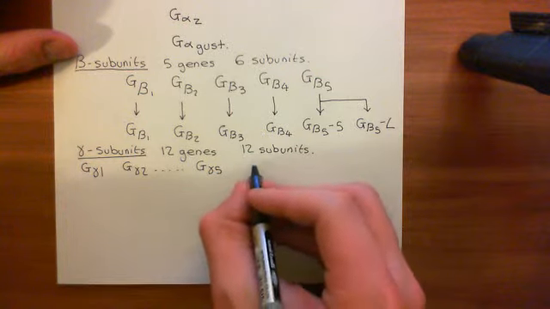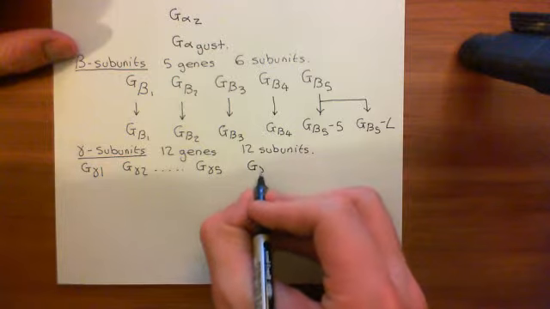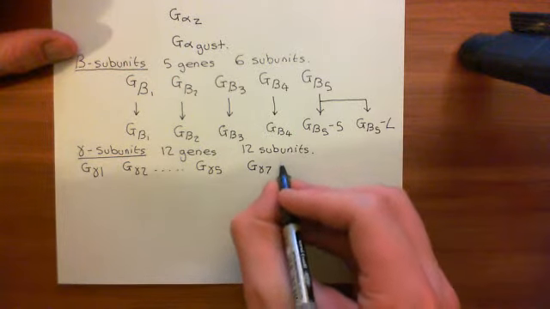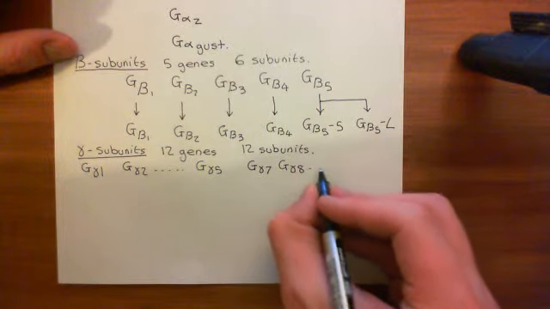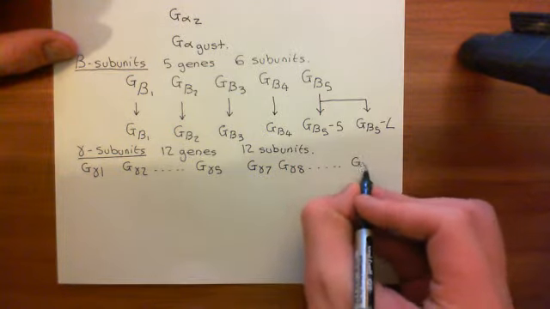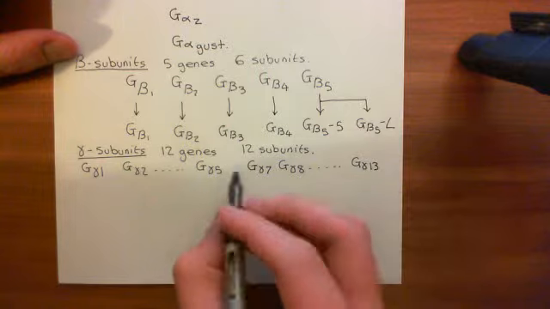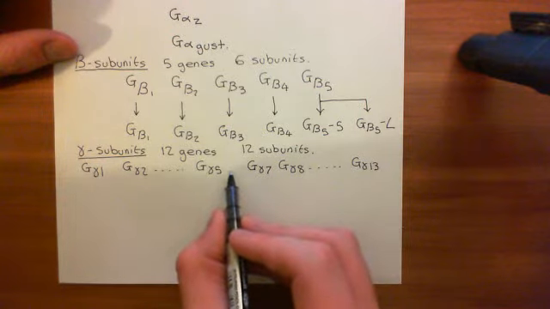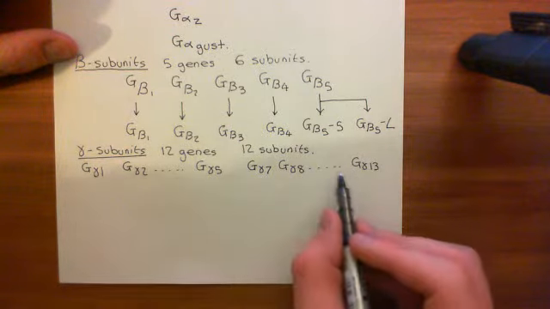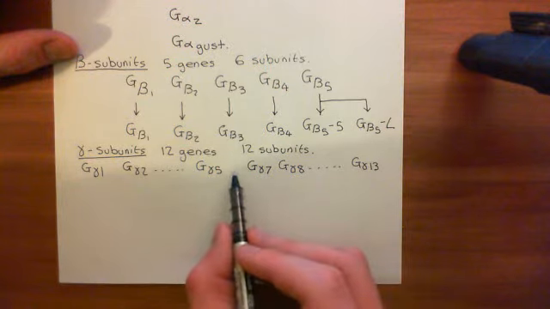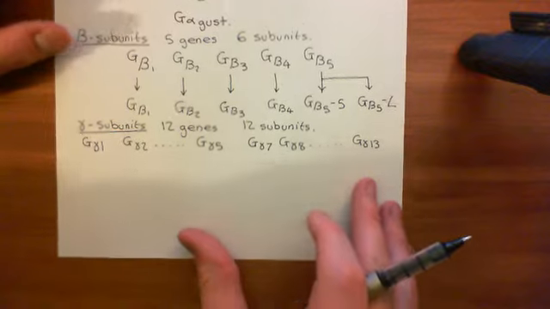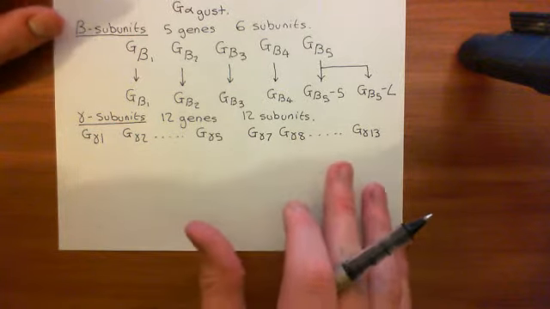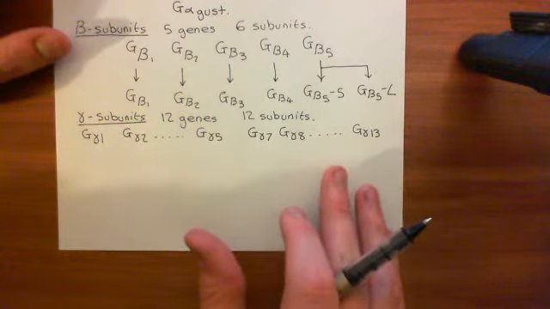You miss out G gamma 6, there is no G gamma 6, and then there is a G gamma 7, and then it goes on all the way up to 13, G gamma 8, all the way up to G gamma 13. If there hadn't been the blip at 6, then obviously it would have gone from G gamma 1 to G gamma 12. You miss out 6, and therefore you have to go up all the way to 13. So that overall gives us 12 different gamma subunits.